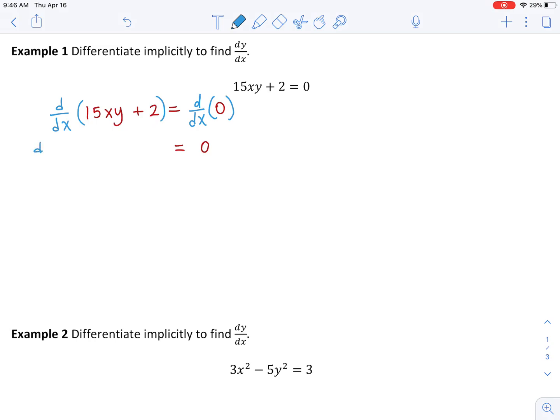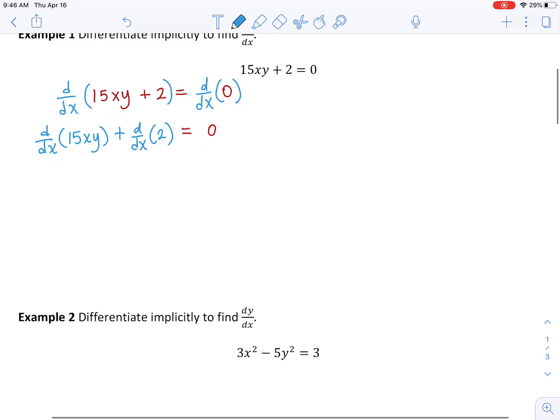The left side, if you take a look, I have a sum. It's 15xy plus 2. So I'm going to separate these two. First, I will have the derivative of 15xy, and then I will add that to the derivative of 2.